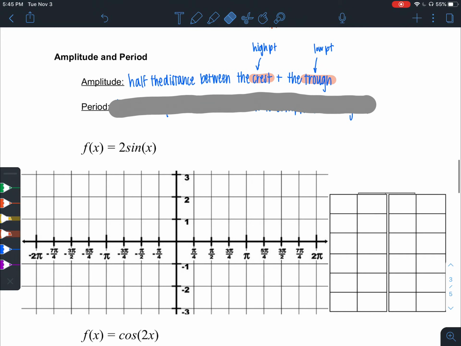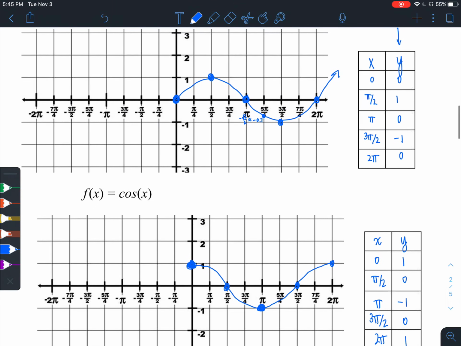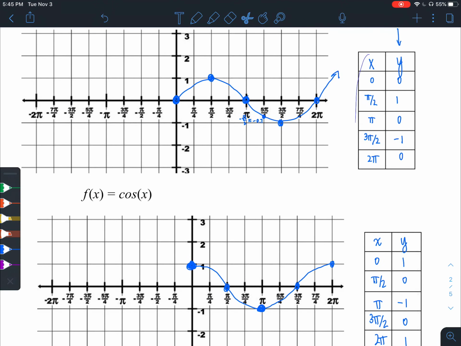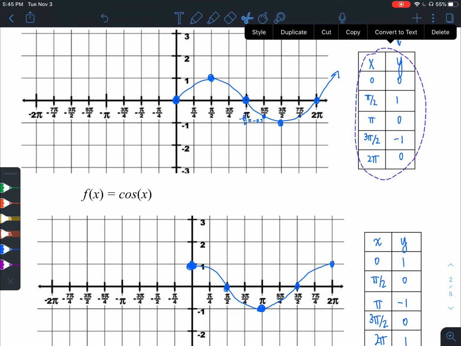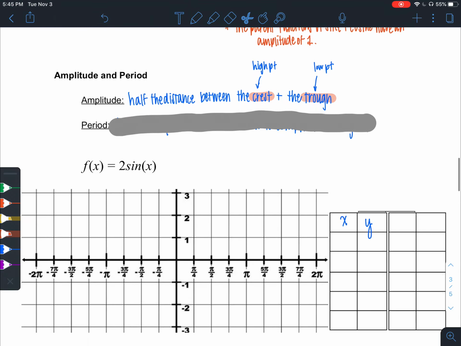Let's jump into some examples with amplitude first. Okay, so here I'm going to just write out my x and y values. So we have sine, and I'm just going to start with our parent function. It's going to be the exact same as here. I'm actually just going to copy and paste this so I don't have to write it all down again.